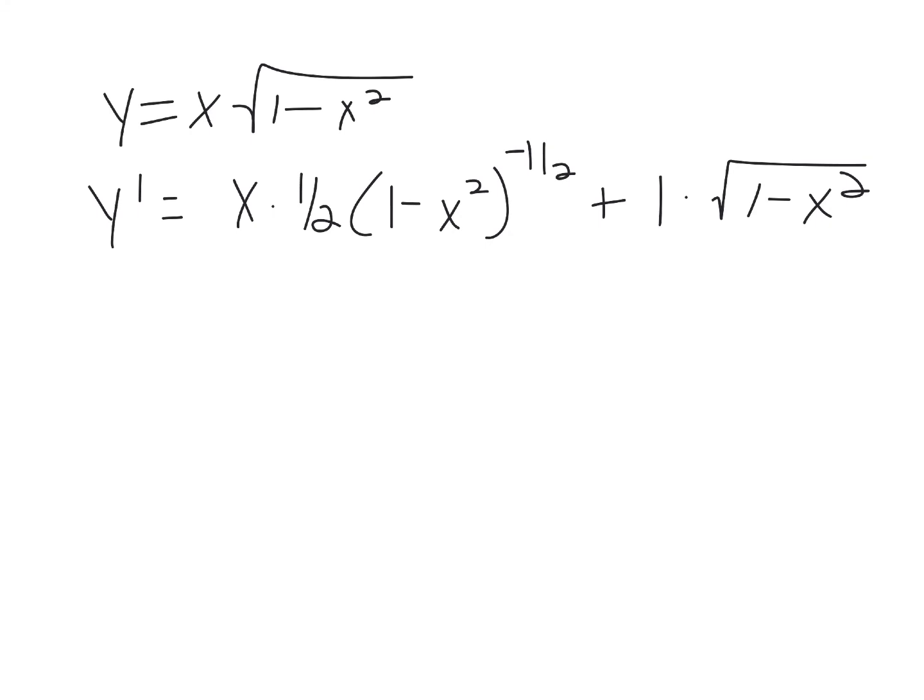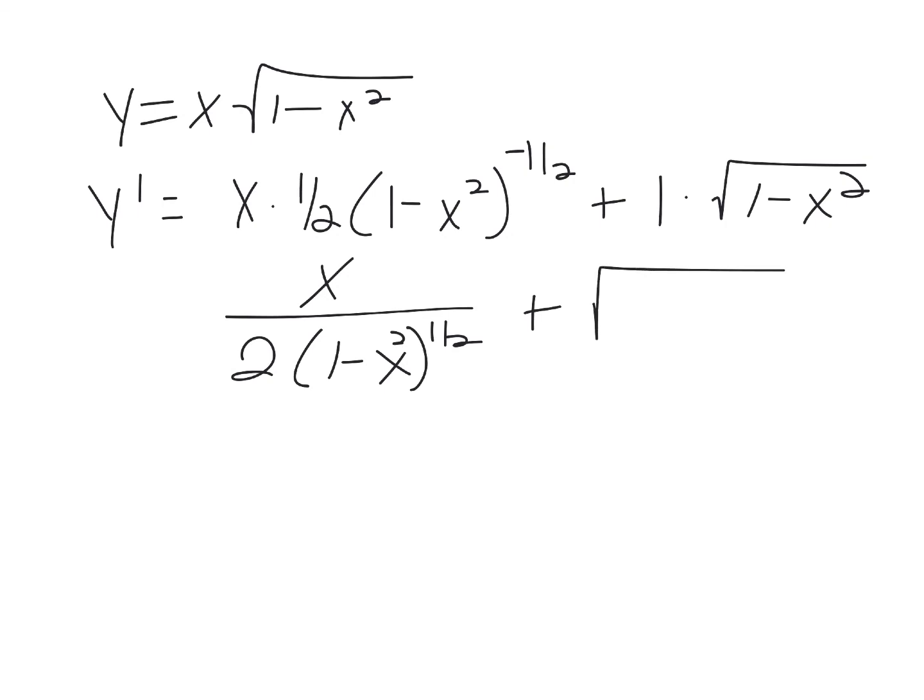All right, let's do some simplification. x will go numerator to 1 minus x squared to the 1/2. So negative x must be thrown in the denominator as we should. 1 times anything's itself. That's lovely. Now let's get a common denominator so we can add them.